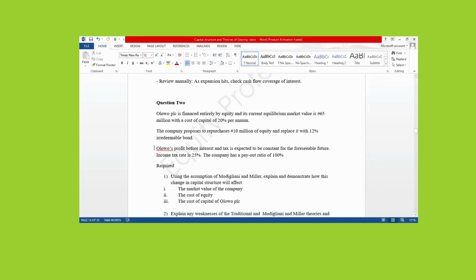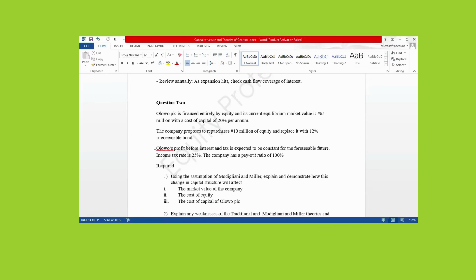Paragraph 3. Olowo PSC. Olowo's profit before interest and tax is expected to be constant for the foreseeable future.